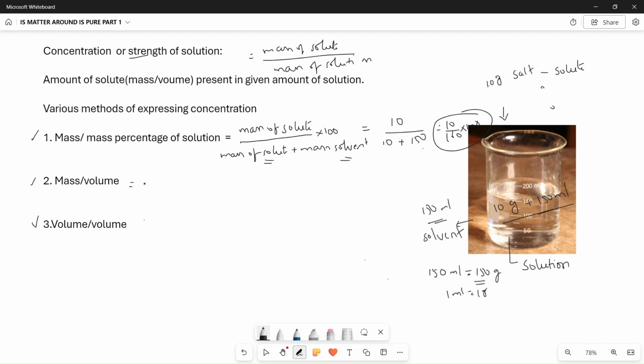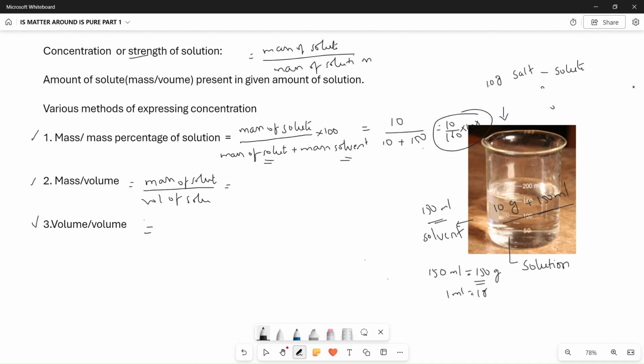In the same way, mass by volume is mass of solute divided by volume of solution, again 10 by 160. In the same way, volume by volume: here we need volume of solute. For solid solutes you may not apply this one.